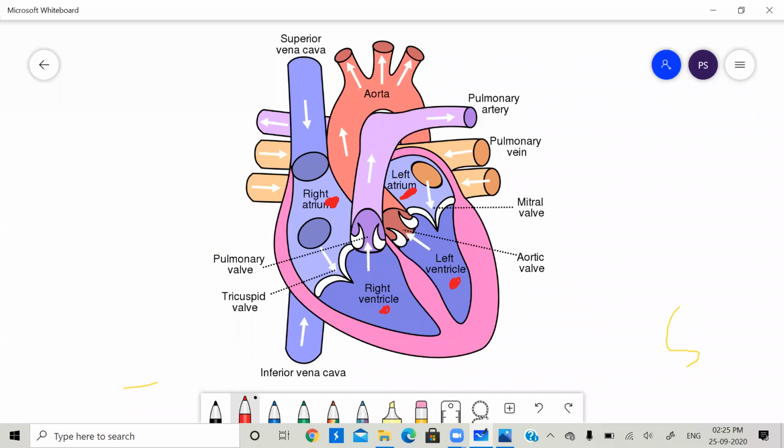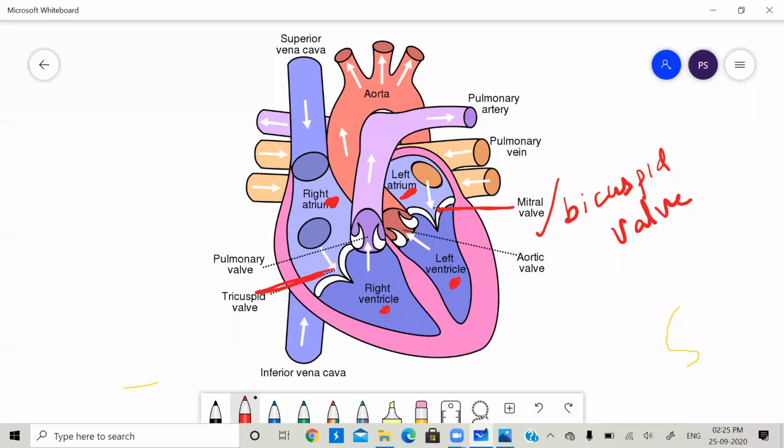This is the mitral valve, also called the bicuspid valve, and here is the tricuspid valve. This is the systemic aorta, and this is the pulmonary artery.